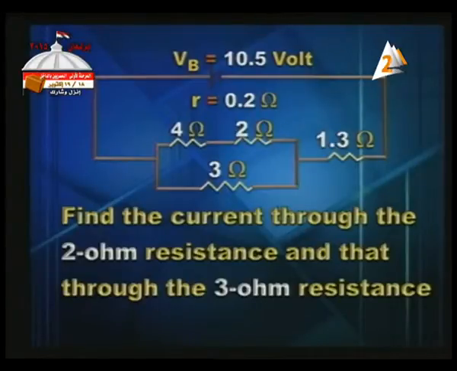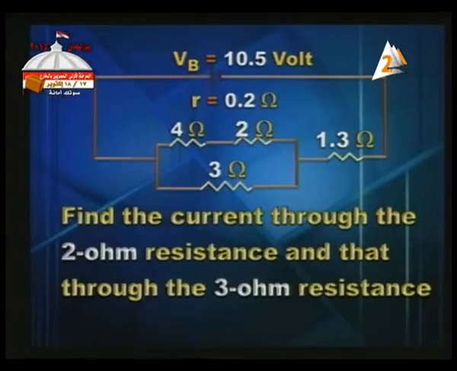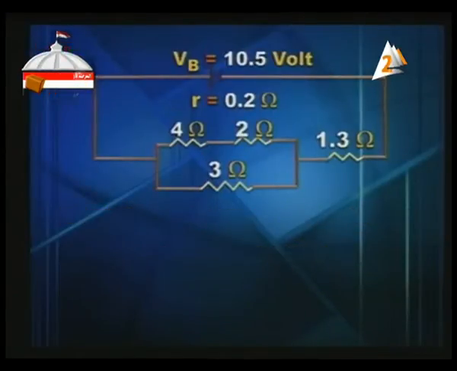Your attention please. The current through the 2 ohm resistor is the current through the 6 ohm branch. They are connected in series. So 2 and 4 is considered as just one resistor, a resistor of 6 ohm. Let's calculate the equivalent resistance.